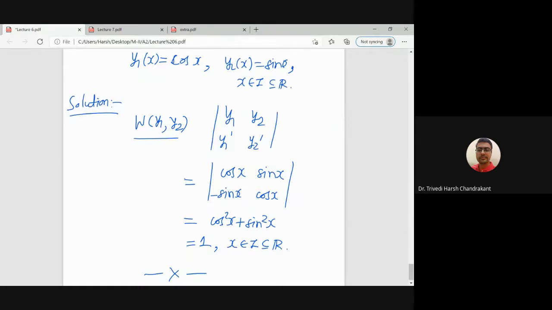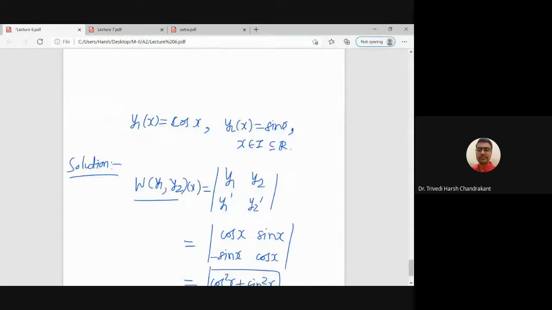The Wronskian is defined at a particular x, but for every x, cos square x plus sin square x is 1, so the Wronskian is non-zero in this case. The connection of the Wronskian with linear independence and dependence we will discuss in today's lecture.